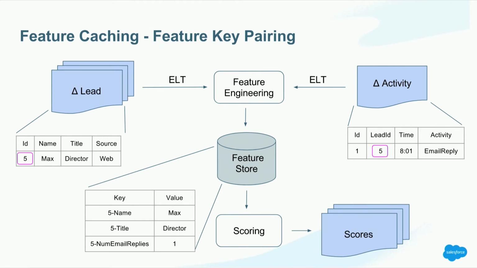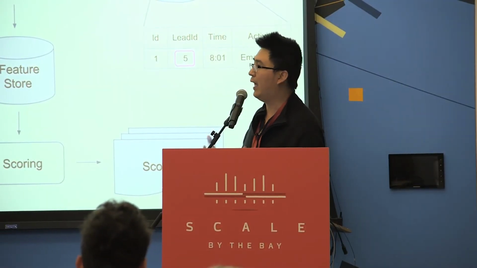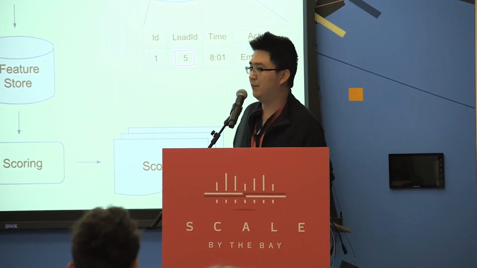And the downstream scoring application, when it presents the ID 5, will get all 3 features together just as if they are coming from the same entity, while in reality they come from 2 different places. Of course, this looks like we are actually outsourcing the shuffling step into an external key value store.